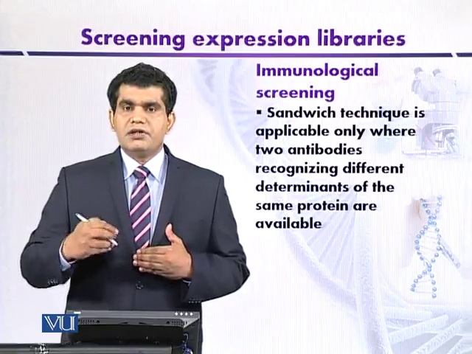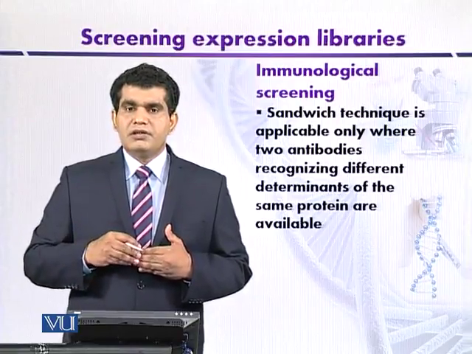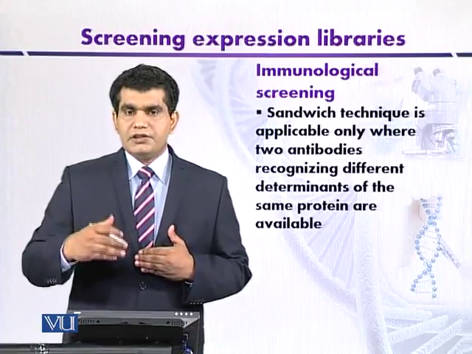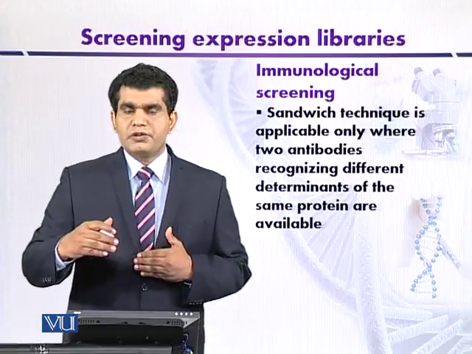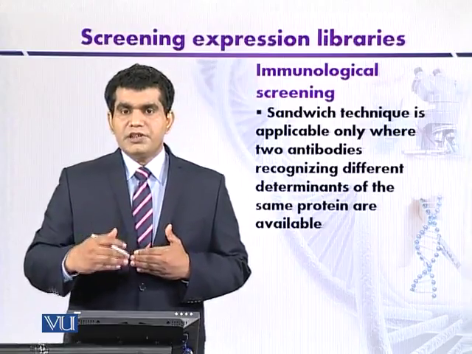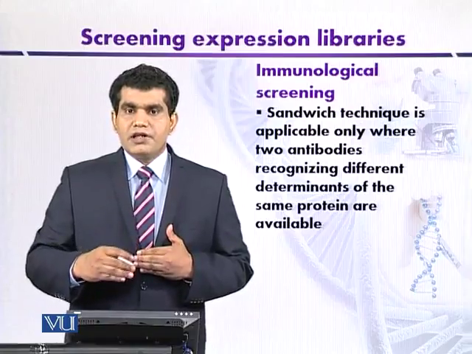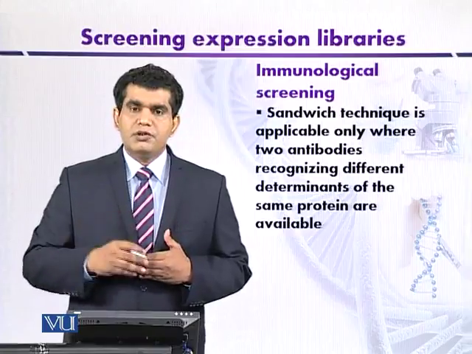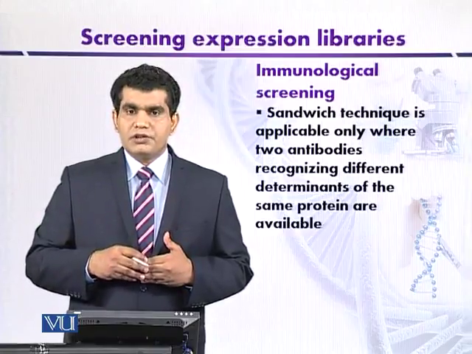And even if fusion proteins are there, then the two proteins must contain antigenic determinants or epitopes, so that their screening may be possible. So this is the basic technique where we can screen or detect the target protein by using immunological screening.